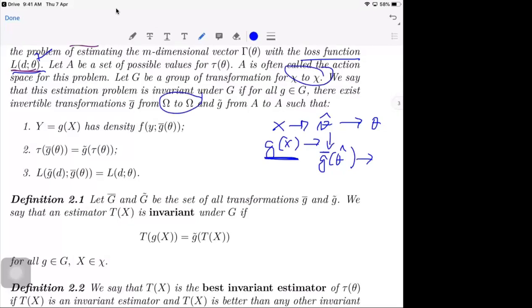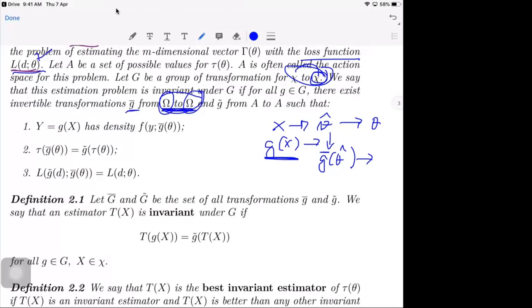Meaning, if you apply a transformation or a group of transformations on x, you can get back to x. At the same time, the same is true when we do a transformation with g bar. So it is just invertible, no?